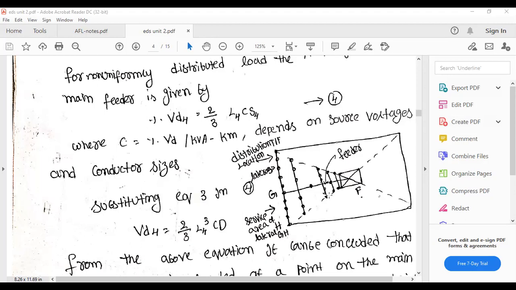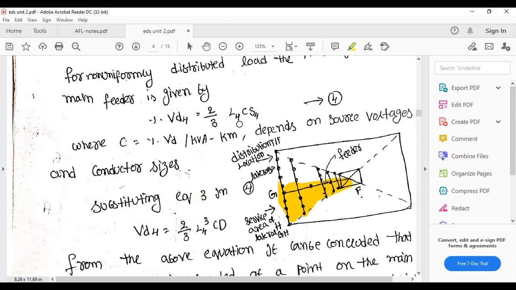This is the square area, and this small triangular area is what will be considered for the calculation purpose.